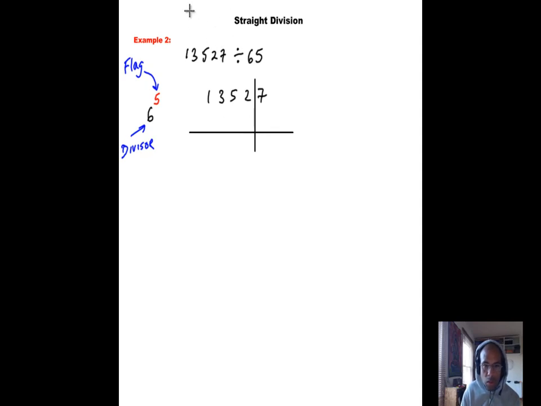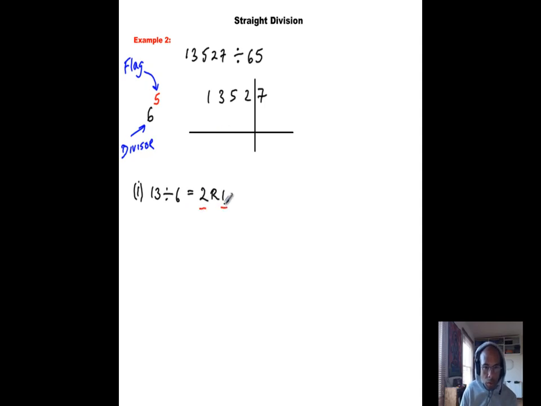Right, so what do we do next? Let's get our coin going. So the first thing we're going to do then is we take the 13, 1, 3, and divide by our newly created divisor, 6 there. 13 divided by 6, and that is 2, remainder 1, because 2 6s are 12, and we've got 1 left over.